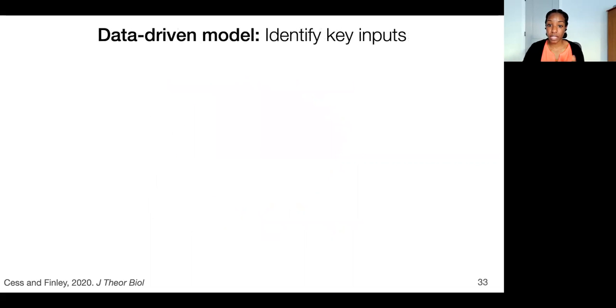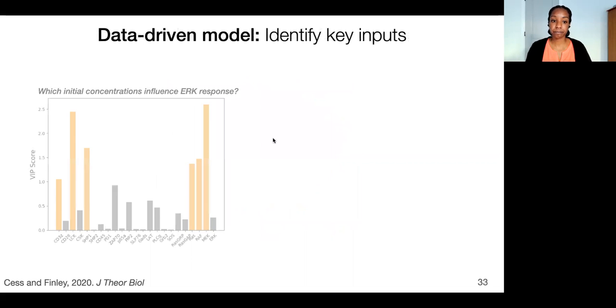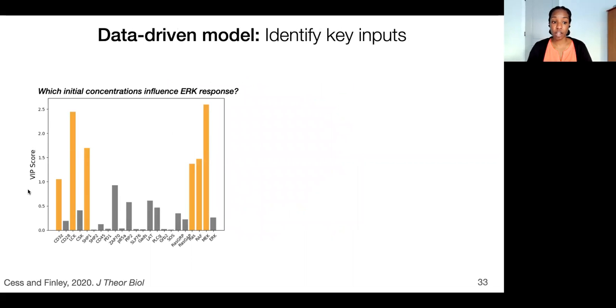And then we can go in and dig into this analysis and say, well, what is driving those two different responses? So part of PLSR is to get out what's called the variable importance of projection score, VIP score. A good rule of thumb is that if the VIP score exceeds 1, then that input is strongly affecting the output. So we have just highlighted the VIP scores for those species that are greater than 1.